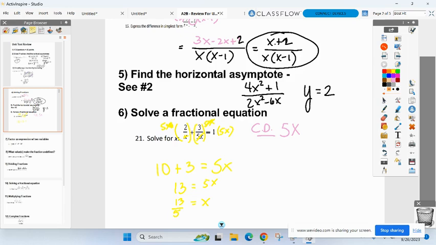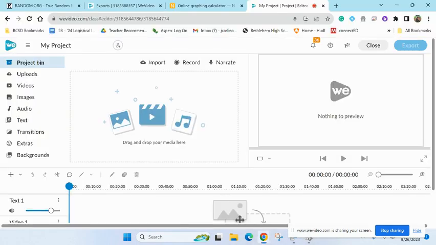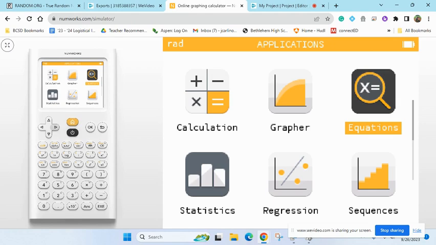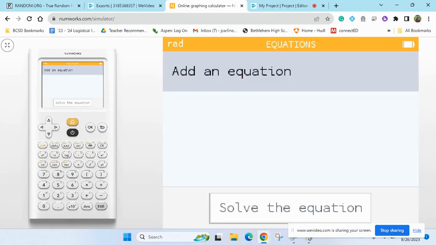I want to remind you, quick check. Go ahead, grab your NumWorks calculator. This might be good or bad for you, right? Because if you don't get what it says, we're in trouble. So I go over to equations, hit your home button, go over to equations, add an equation.